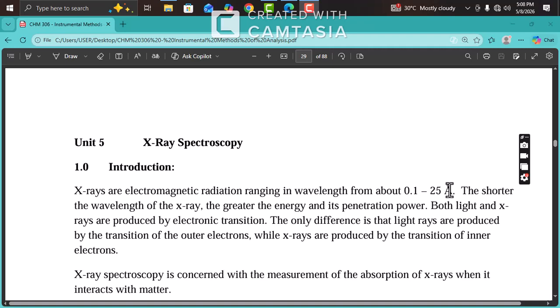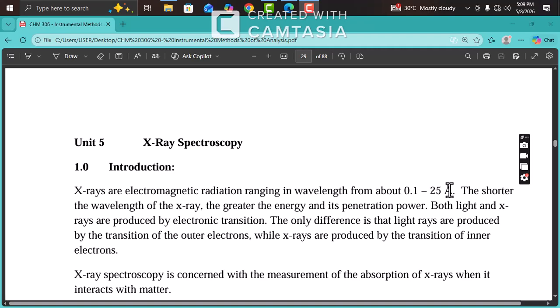Now, both light and X-rays are produced by electronic transitions. So light, that's both visible light and UV light, produces electronic transition, as we have considered under spectroscopy with the BSc chemistry students.